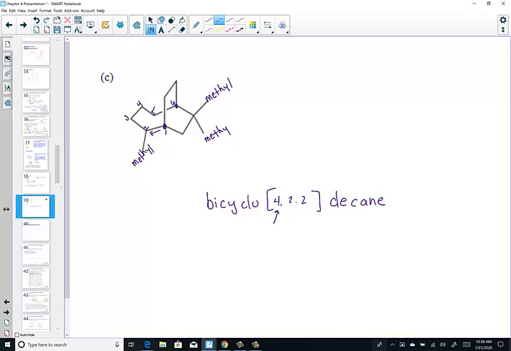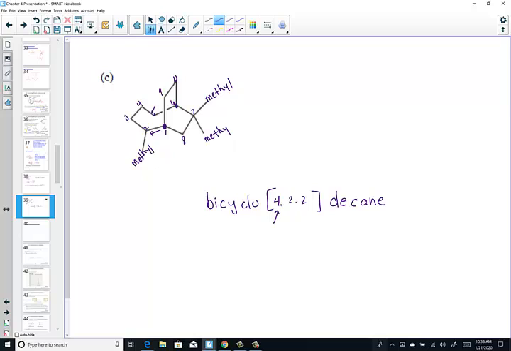And notice how I went in that clockwise direction there to hit the methyl at carbon 2. We'll then find carbon 7 and 8. I'm going to keep going to the next cyclic pathway. And I'm going to choose to go to the right there because there's substituents and I want those to have the lowest number. And then up here, I can simply continue my pathway with carbon 9, carbon 10.